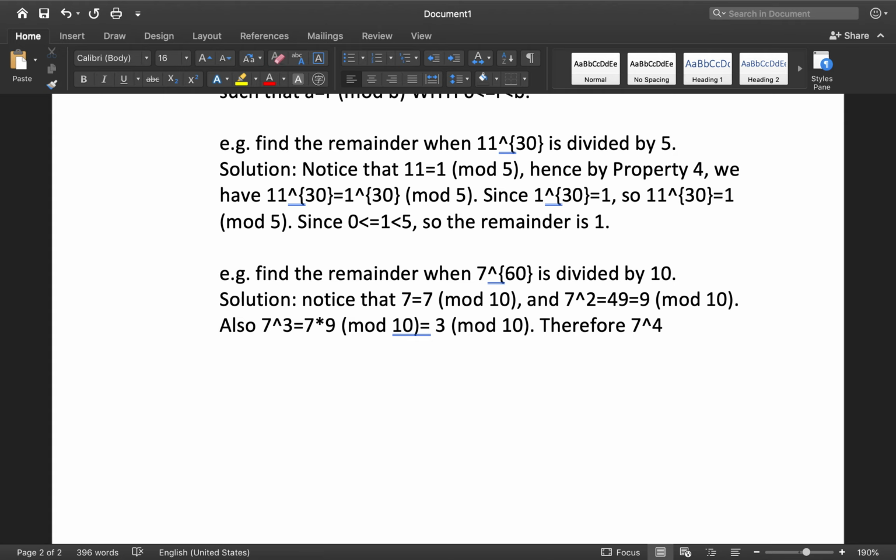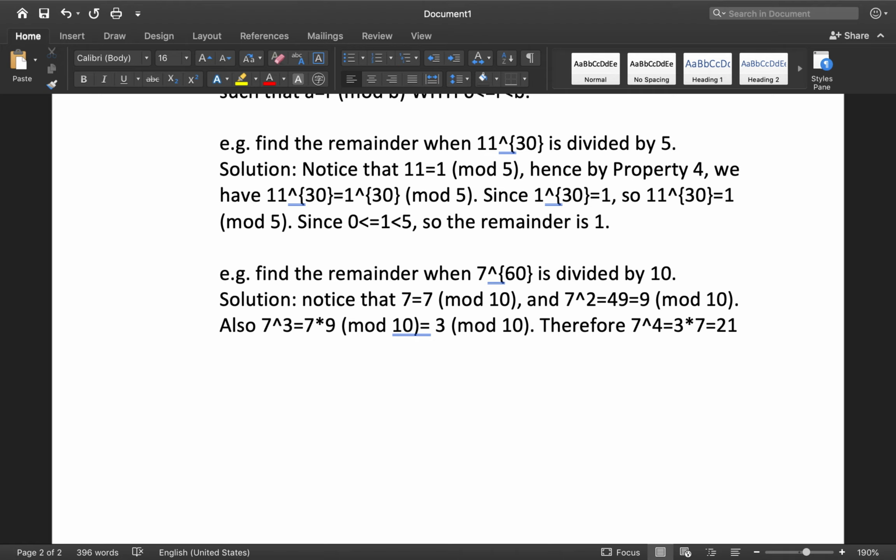As I said, you don't have to multiply 7 by 4 times, because 7 to the power 4 is just 7 to the power 3 times 7. So that would be congruent to 3 times 7. Why 3? Because you know 7 to the power 3 is congruent to 3, so you change part of it to just 3. Then you get 3 times 7, and that number is 21.